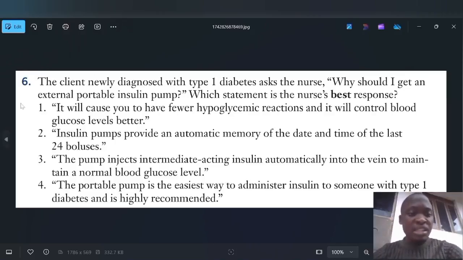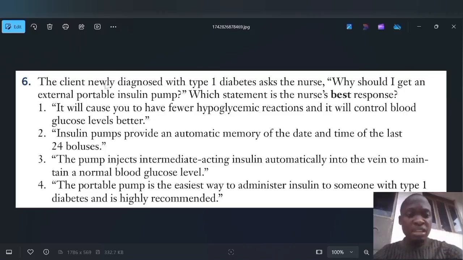Alright, the best answer was number 1. Why should I get an external portable insulin pump? What's the nurse's best response? It will cause you to have fewer hypoglycemic reactions and will control your blood glucose levels better.